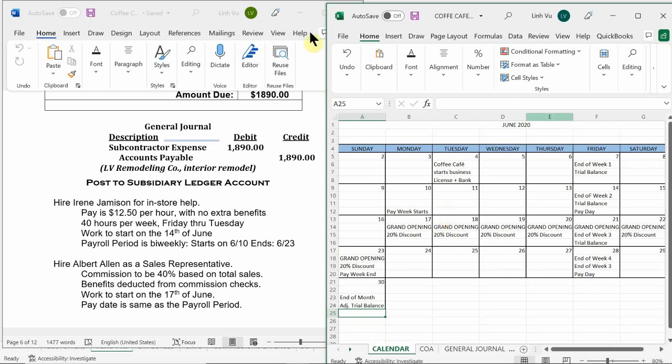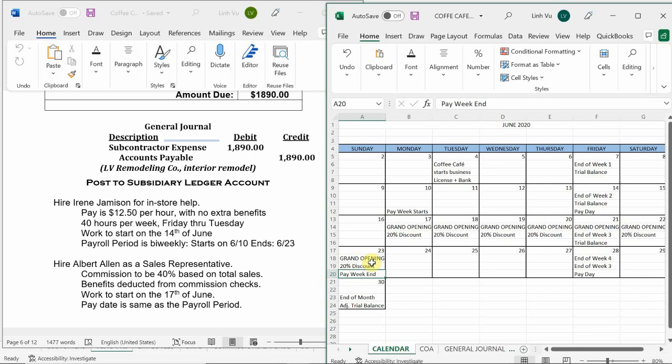So, for instance, we're saying that we're going to start counting her hours starting June 10, and it's going to be for 2 whole weeks until June 23rd. Okay, that's a whole 14 days, right? And then from there, we're going to calculate how many hours she's worked between those 2 weeks.